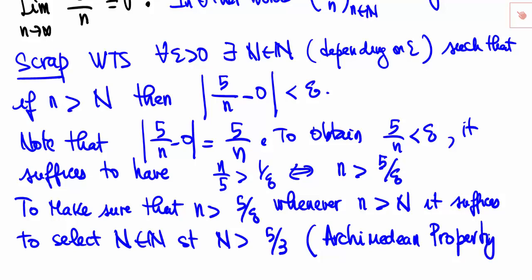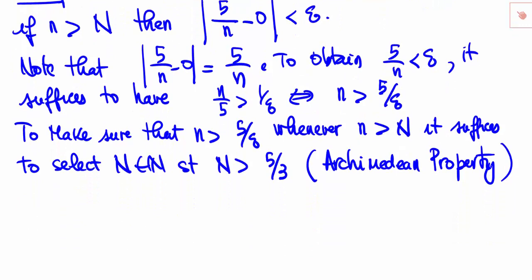Right, so the Archimedean property will allow us to find our capital N, which then will give us exactly what we want. Okay, this is the scrap work. Again, it's not the proof. Now, how do we write the proof?